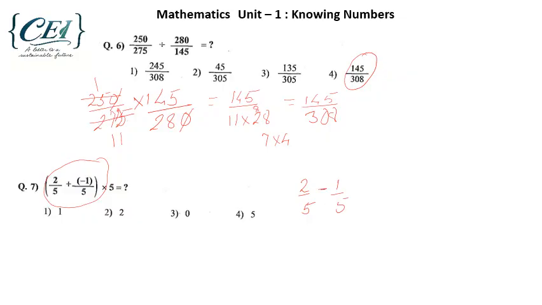Correct? Minus 1 upon 5. That is equal to, the denominator is same, so 2 minus 1 is 1. 1 upon 5, correct? Now it is multiplied by 5. So 5 got cancelled. Answer is 1. So this is the answer, correct?